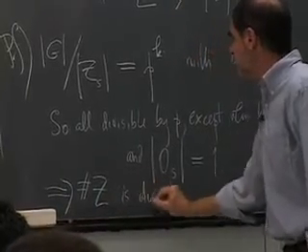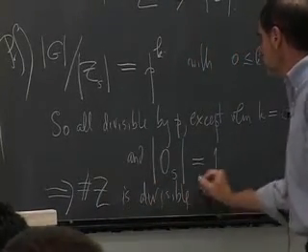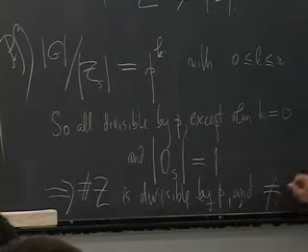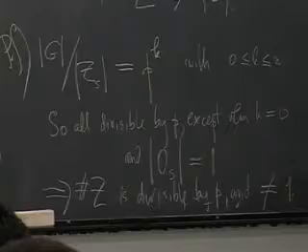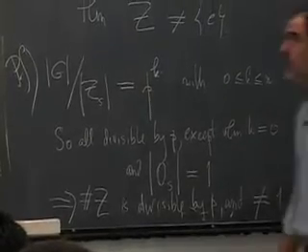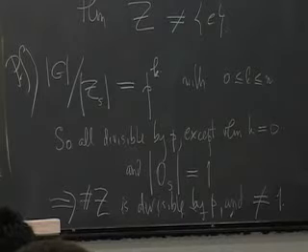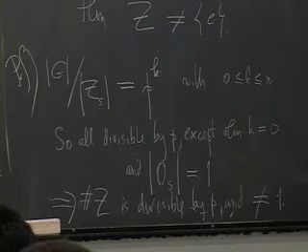So the order of the center is divisible by p, and consequently not equal to 1. And that proves that the center is non-trivial. So it's a purely divisibility argument, which we see fails for groups of order 6. But for any group of prime power order, it works.